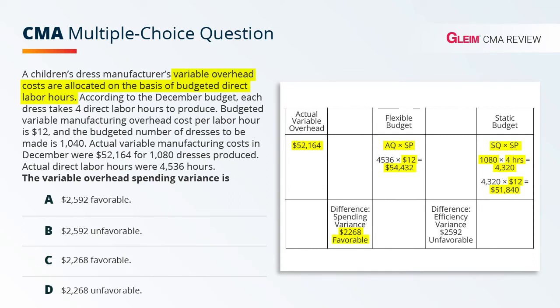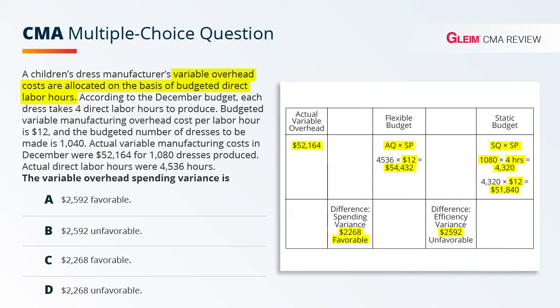For the efficiency variance, the difference between $54,432 and $51,840 is $2,592. Now, we have to determine the direction of the variance.